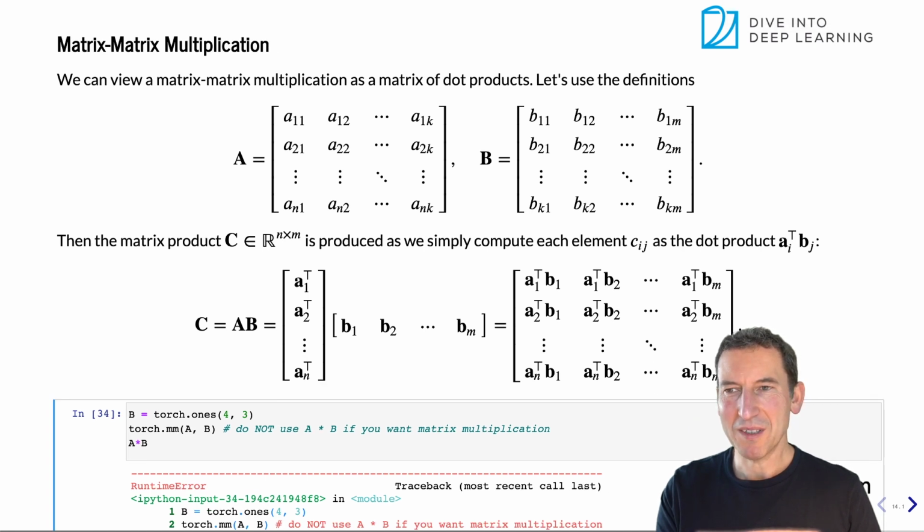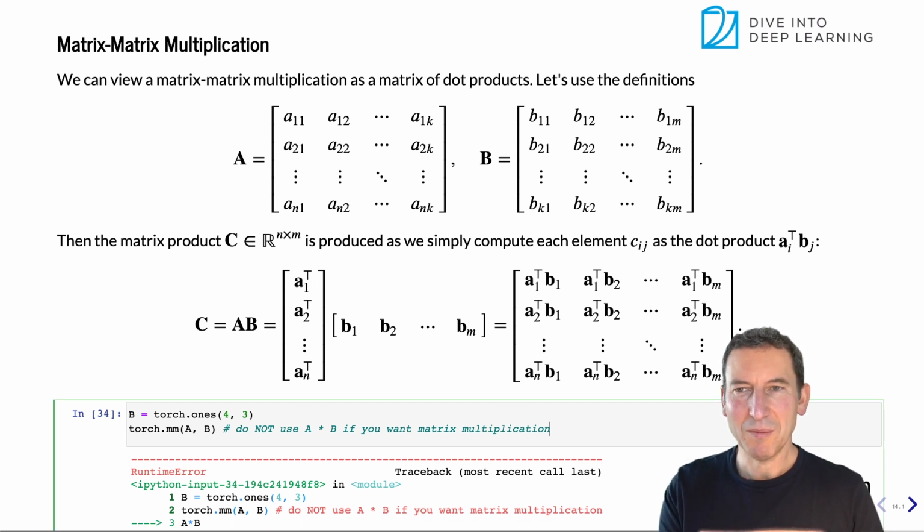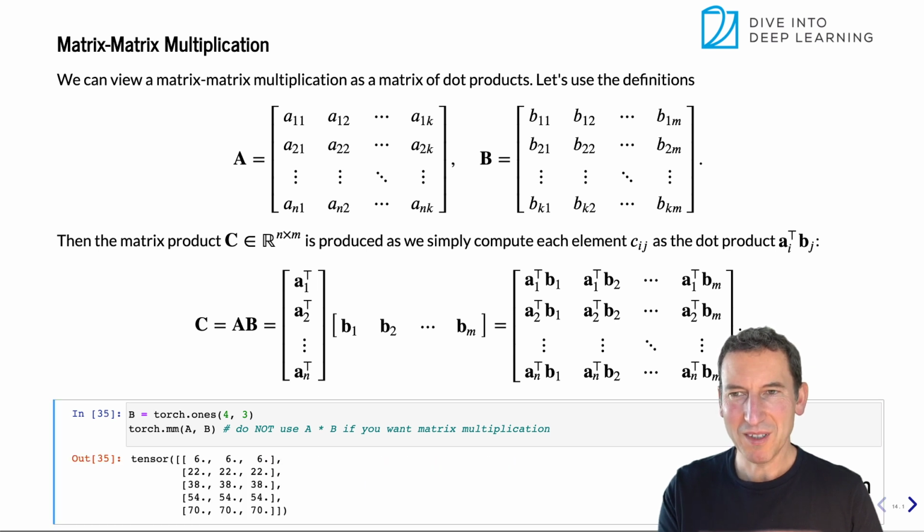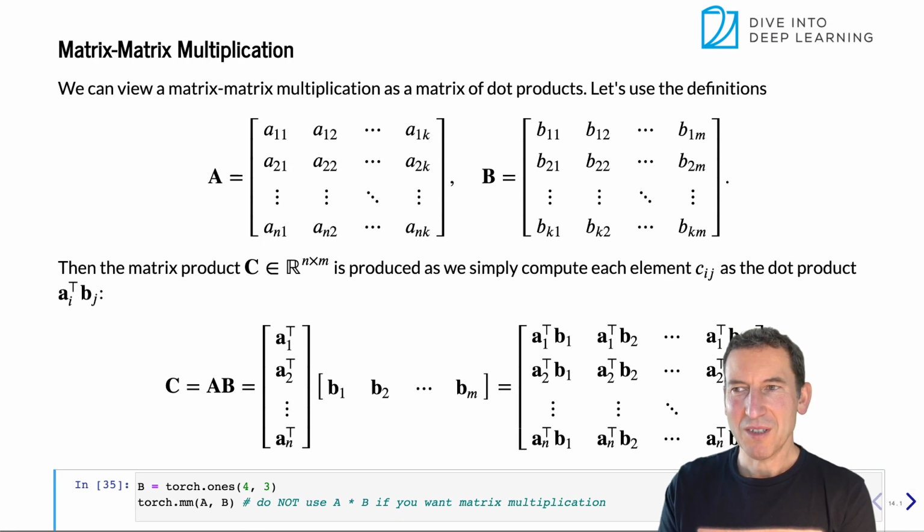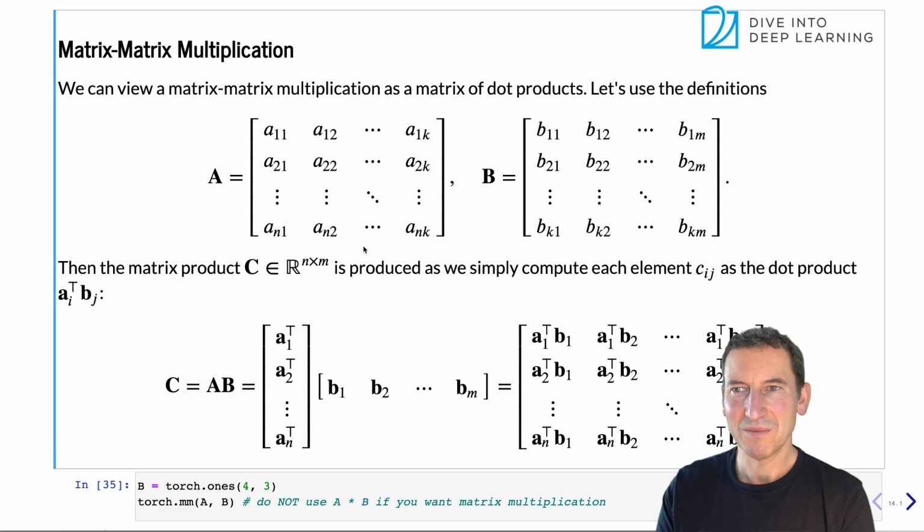And the reason why it doesn't work is because not even the dimensions match up, right? Because A times B would try to pointwise multiply, and of course, the full matrix product isn't the pointwise multiplication. Okay. So just be very careful, because this is otherwise a ridiculously easy way of injecting errors into your code.